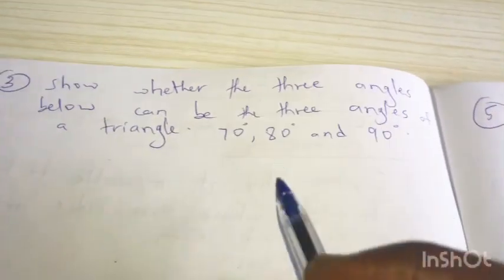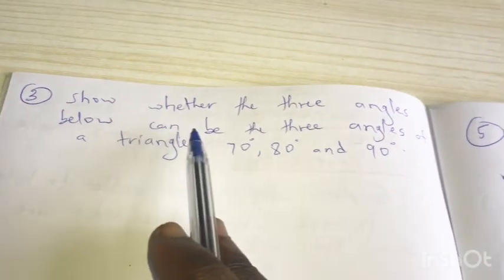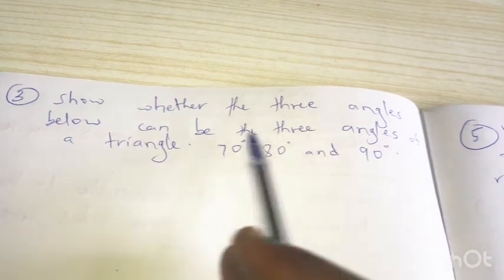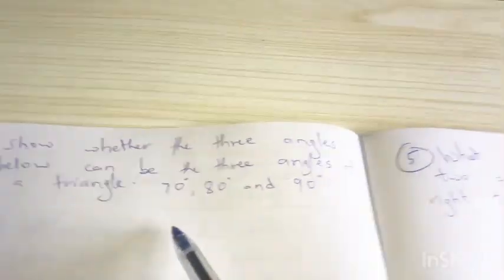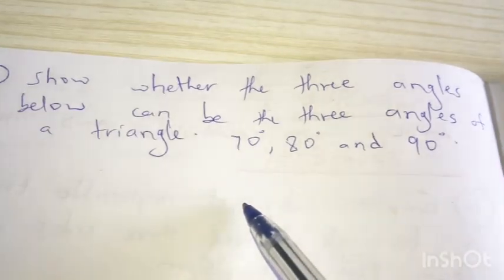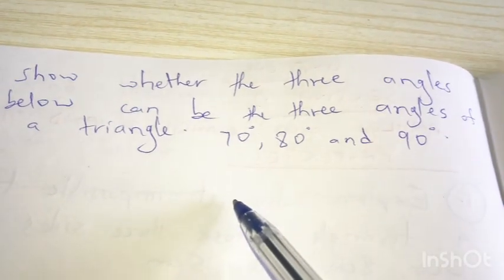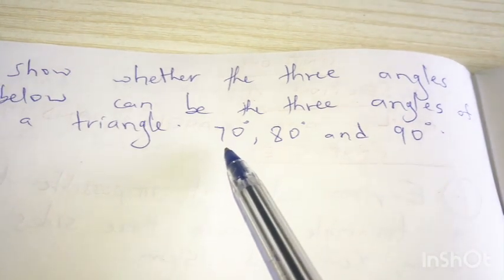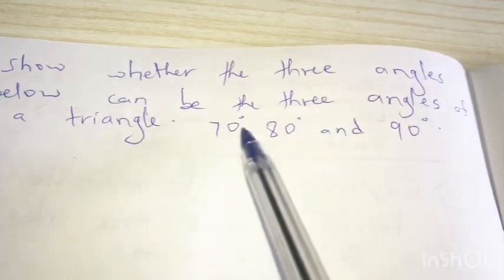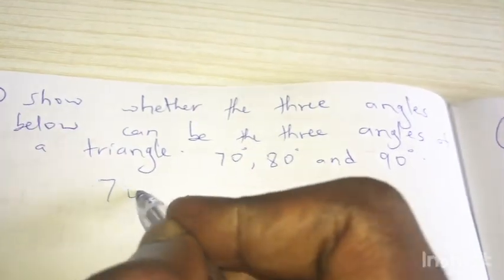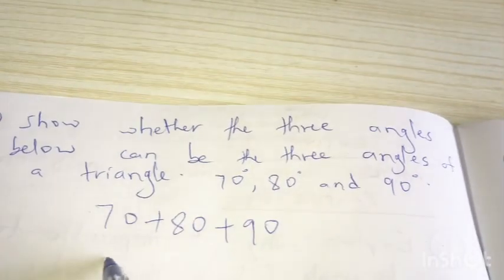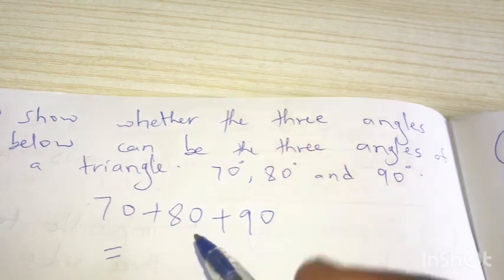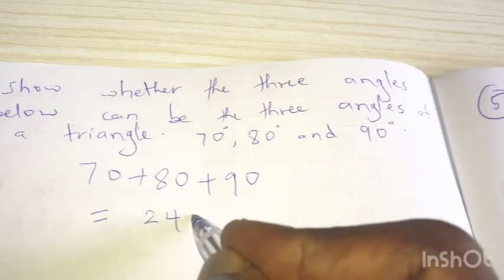Okay, let's move to the next one. Show whether the three angles below can be the three angles of a triangle: 70, 80 and 90. What do you know about triangles? The sum of angles adds up to 180. But let's see this one. Let's add: 70 plus 80 plus 90. What are you getting? I think 240.